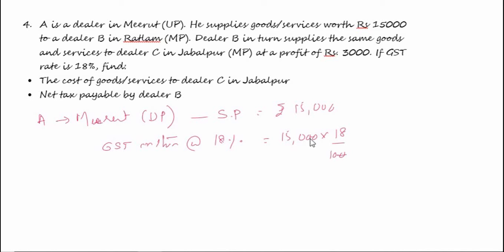So these two zeros go here, and this comes to 2,700 rupees. And this is sold to B at Ratlam.